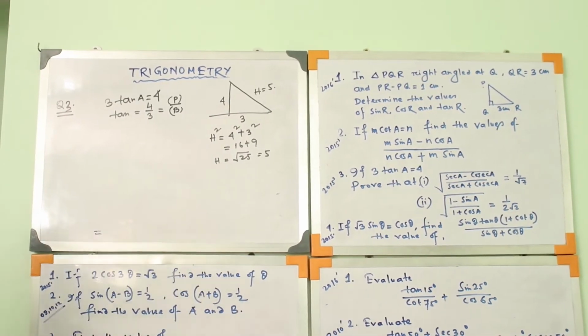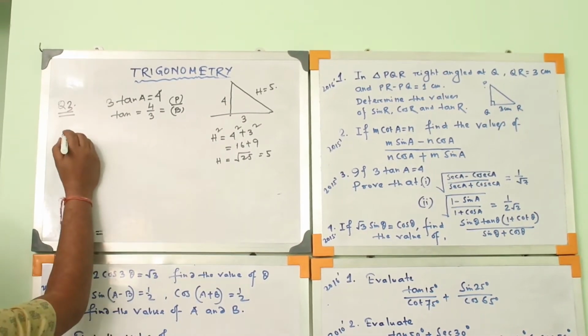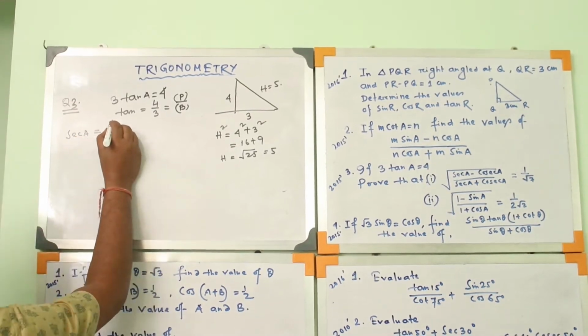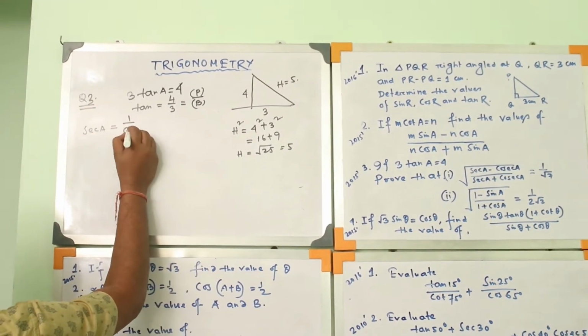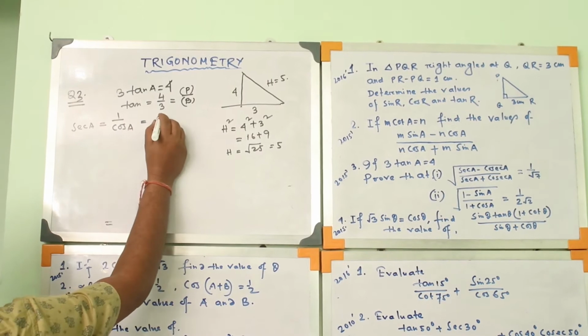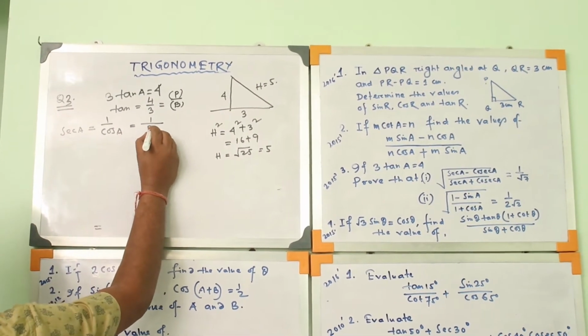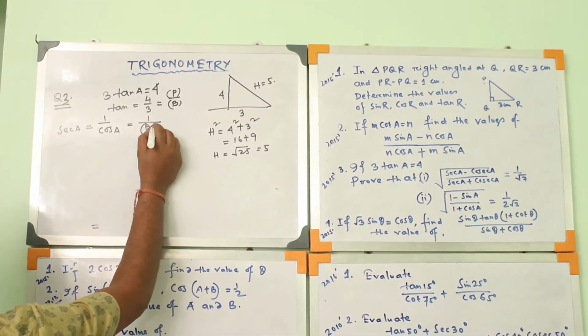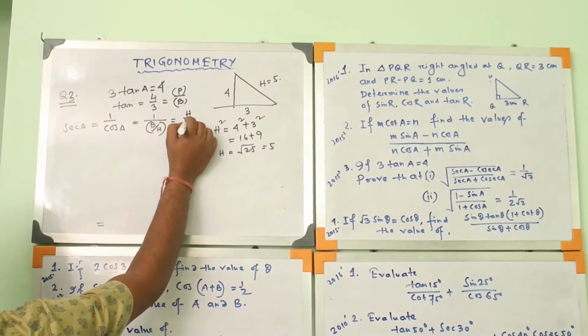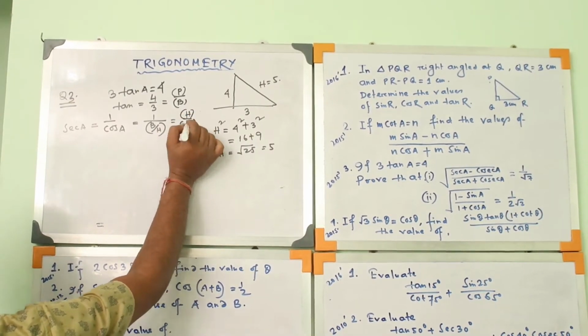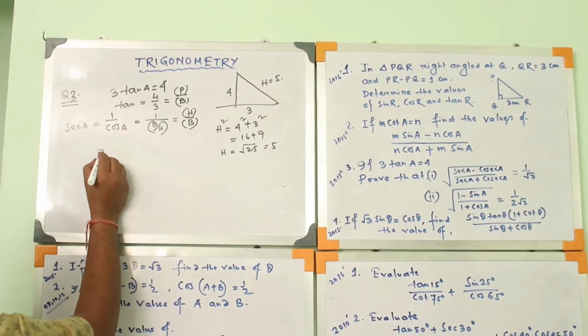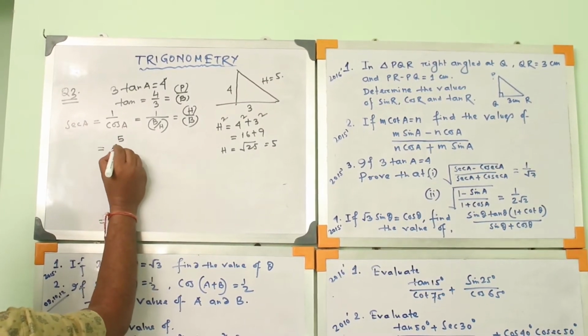So what will be the value of sec A? So value of sec A, 1 by cos A. We know cos A is equal to base by hypotenuse. So this is equal to hypotenuse by base. That means 5 by 3.